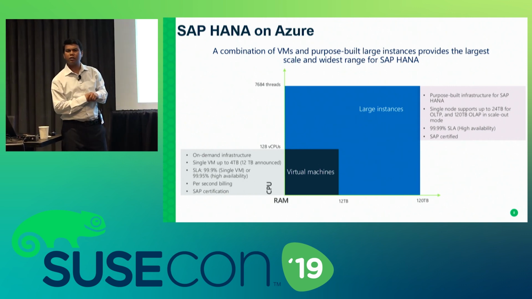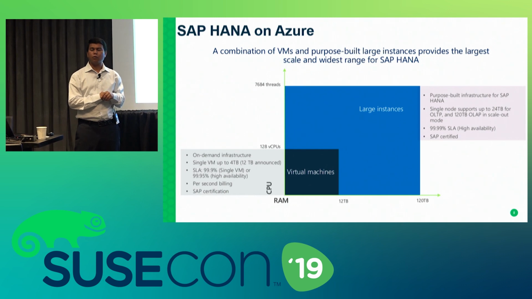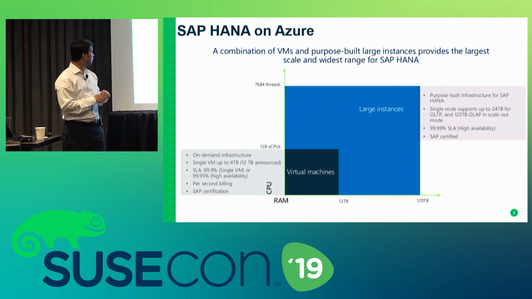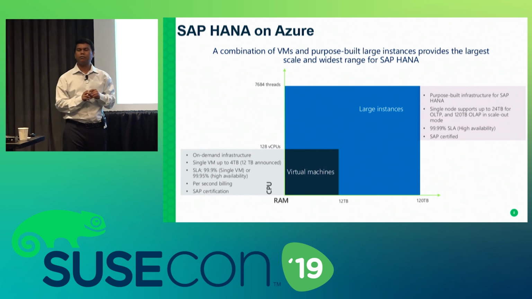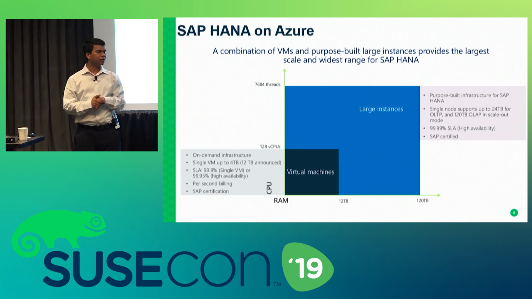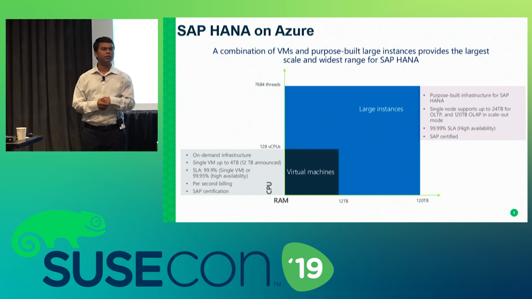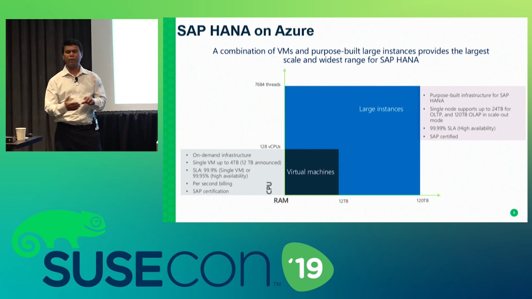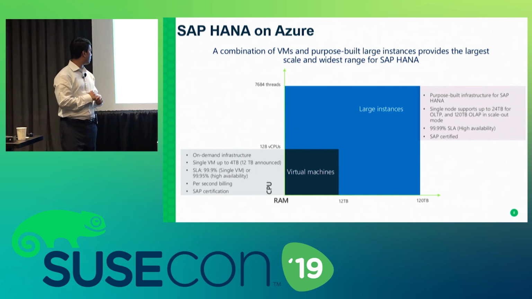The M series is available with 4 terabytes of memory. And then we also have the 12 terabyte announced. At Sapphire 2018, Microsoft announced the 12 terabyte, so stay tuned. You should be seeing more than 4 terabyte virtual machines in the near future as well.